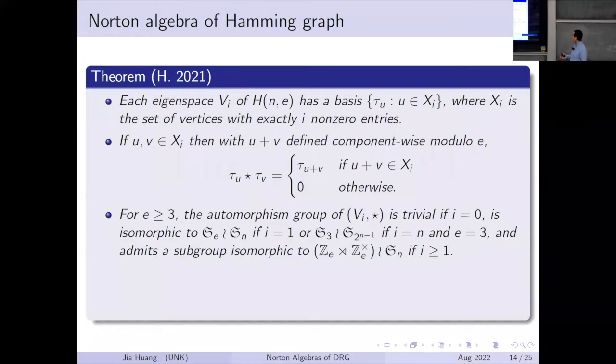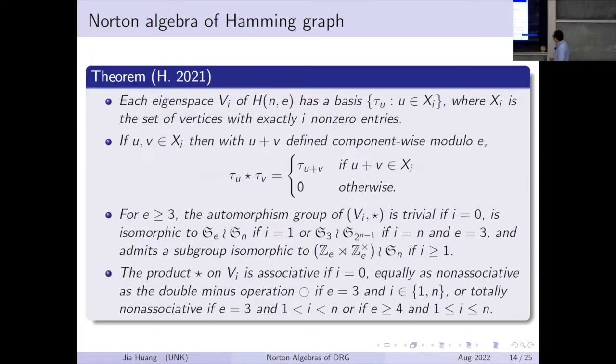And in other cases, we were not able to determine completely the automorphism group of this Norton algebra. We've got some partial results. We find a subgroup isomorphic to Ze semi-direct product with Ze cross, and then wreath product with Sn. Okay, and then our other goal, remember, is to determine the nonassociativity using our measurements.